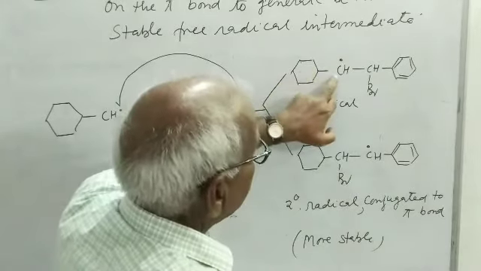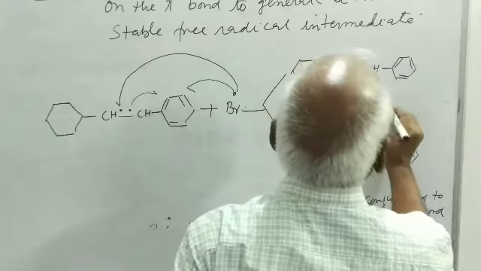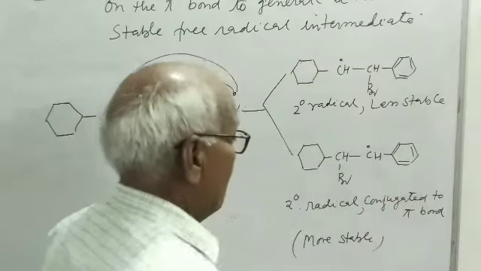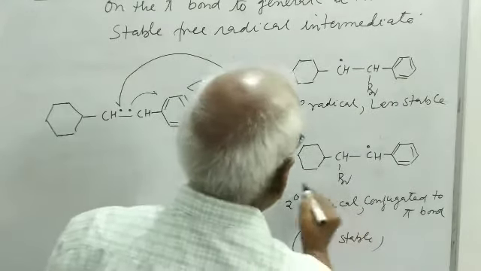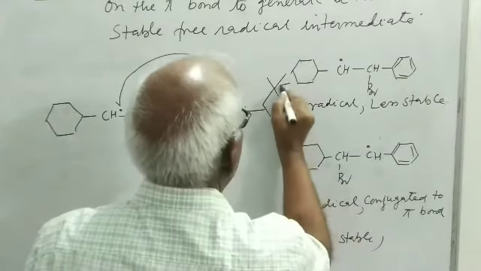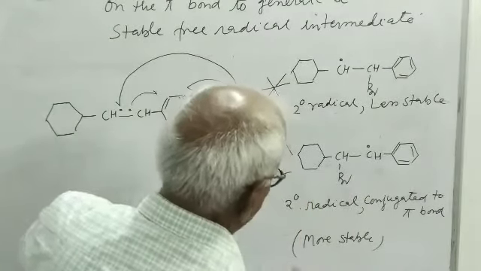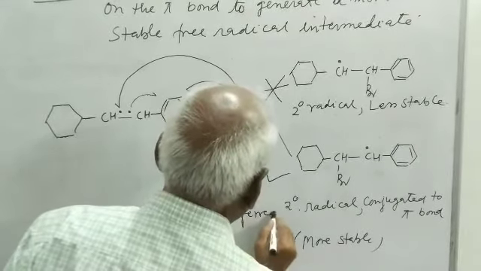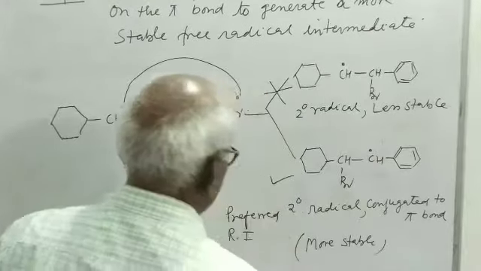This free radical is not conjugated with the pi bond, so it is less stable. So the more stable free radical is preferred. So this is preferred and this is not preferred. This is the preferred reaction intermediate.